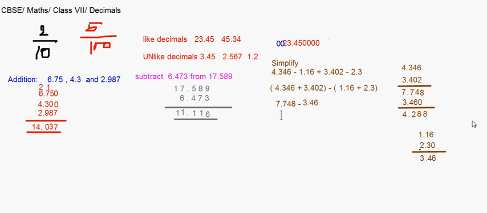It's 4.288, right? This was a simplification. We take up another one. Let me look for one wherein they have unlike decimals again. I write the question here.